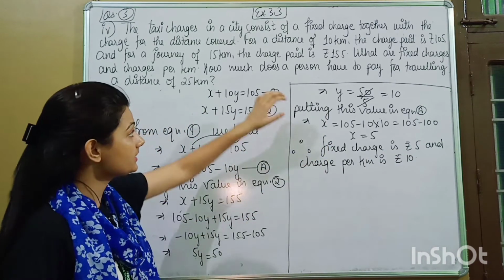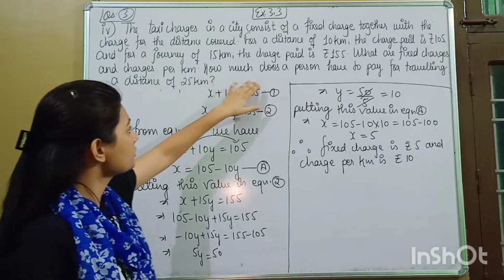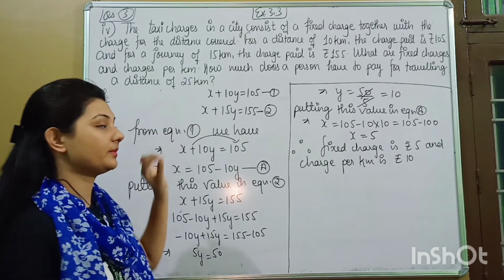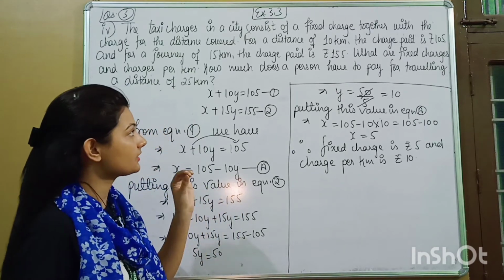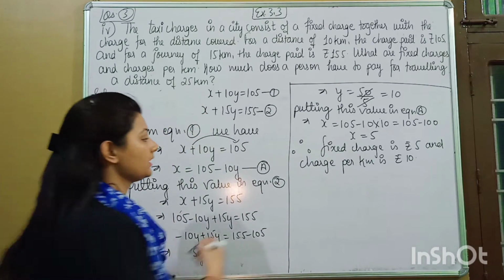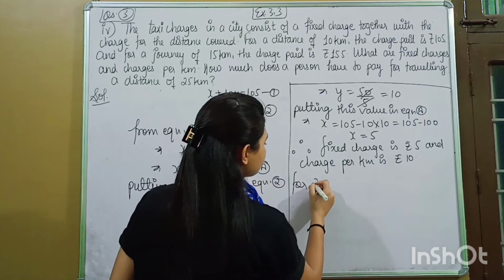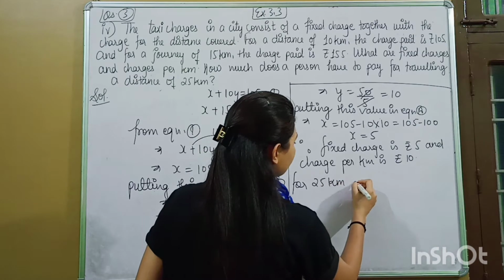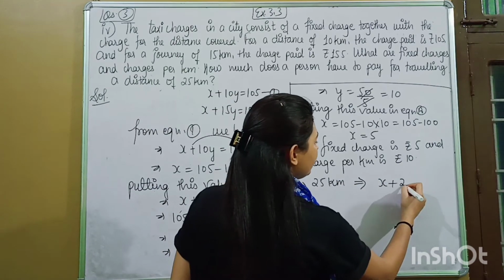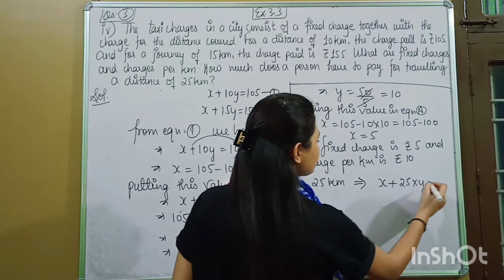Now the second part is how much does a person have to pay for traveling a distance of 25 km? Now we have to find the charge someone will pay for traveling a distance of 25 km. So for 25 km, first of all we will make the equation. The fixed charge will be written as it is and this 25 will be multiplied by the charge per kilometer.